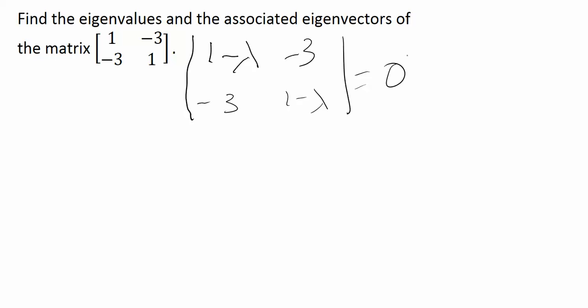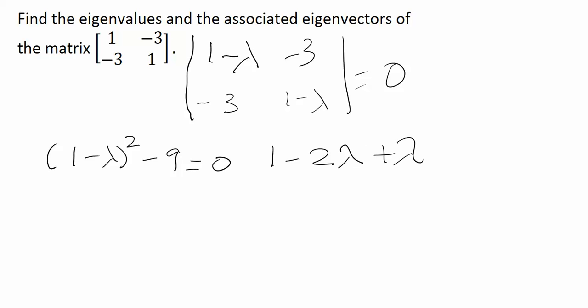We set that determinant equal to 0, which means when we expand this, we get 1 minus lambda squared minus 9 equals 0, which we can expand to 1 minus 2 lambda plus lambda squared minus 9 and set that equal to 0, or I can rewrite this as lambda squared minus 2 lambda minus 8 equals 0.